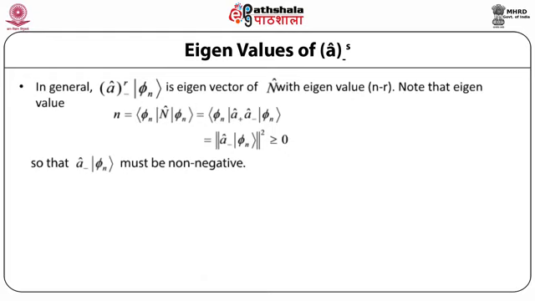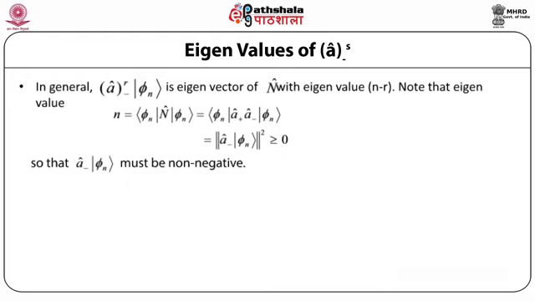Then the lowering operator a minus acting r times on the eigenvector phi n of the number operator gives the eigenvalue n minus r. Here we need to note that the eigenvalue n corresponding to the number operator is given by the average value of the number operator with the eigenvectors phi n, that is, bra vector phi n, number operator, ket vector phi n.